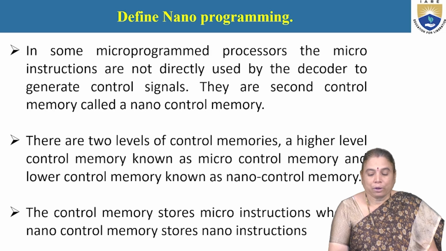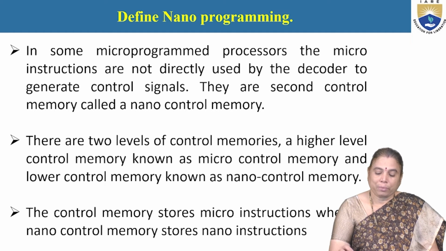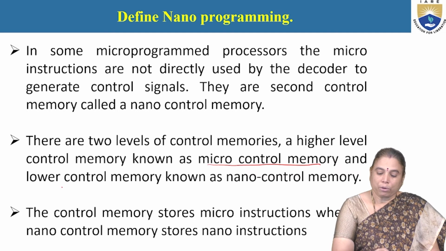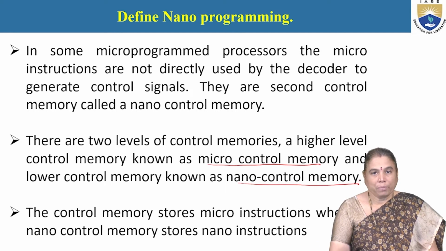In some microprogrammed processors, the micro instructions are not directly used by the decoder to generate the control signals. They use a second control memory. There are two levels of control memories: a higher level control memory known as micro control memory and a lower level control memory known as nano control memory.